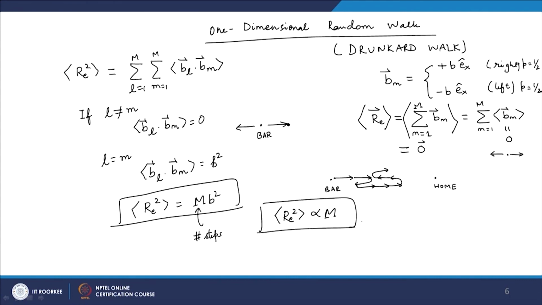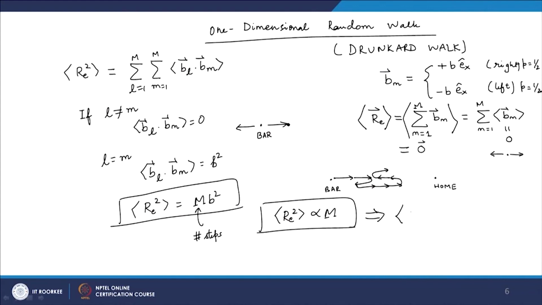Now this has nothing to do with the polymer chain, but now if I somehow associate each of the Drunkard steps with a certain number of carbons, for example, again we can see that we have the relation RE square proportional to the number of repeat units.